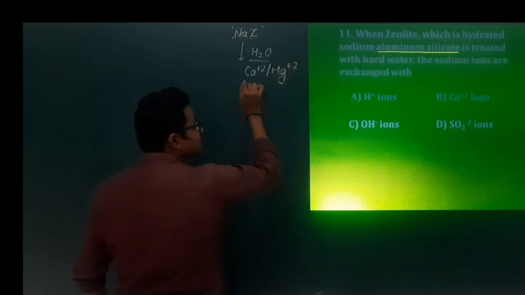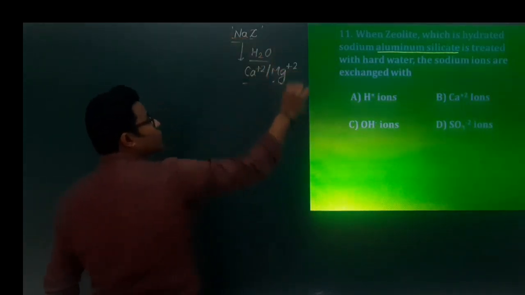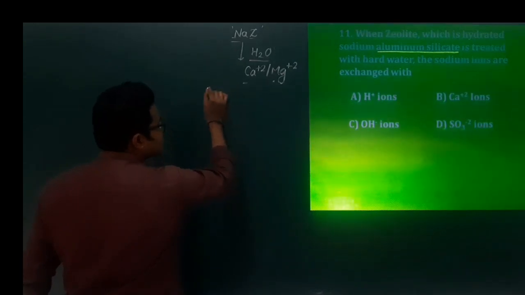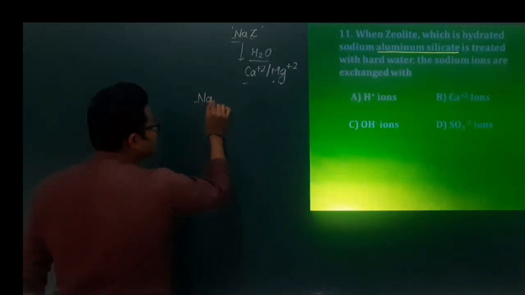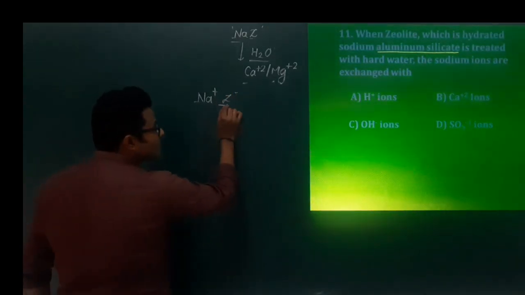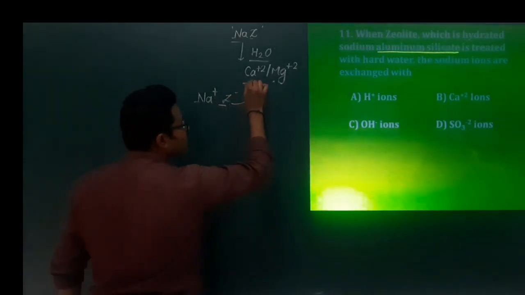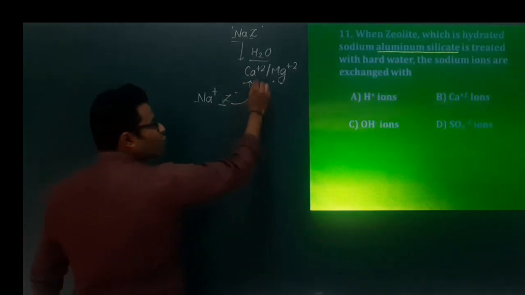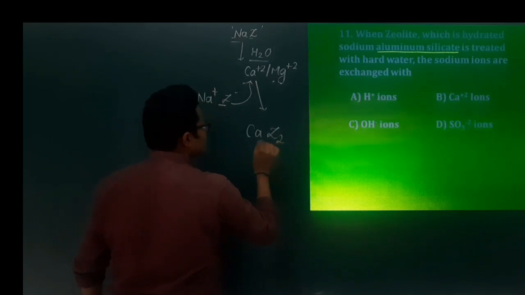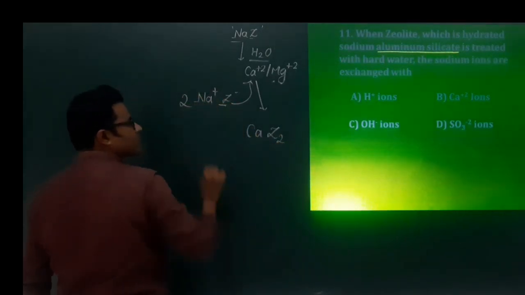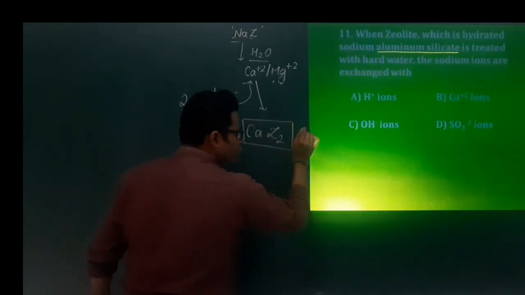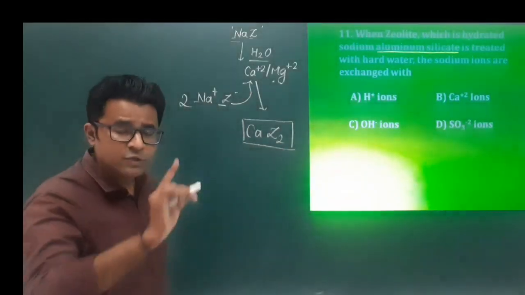When these are exchanged with the sodium, when we dissolve sodium aluminum silicate, it forms Na plus Z minus. So Z minus is going to combine with these, forming CaZ2, that is 2 times. So this is what is eliminated from the water, making the water soft.